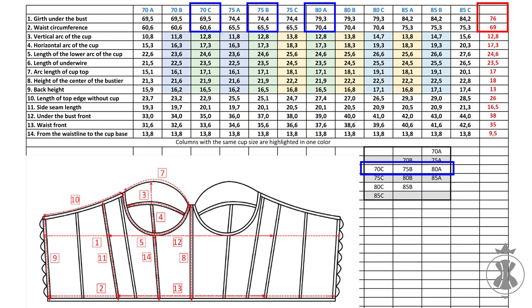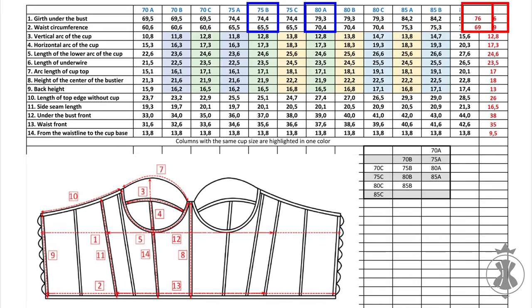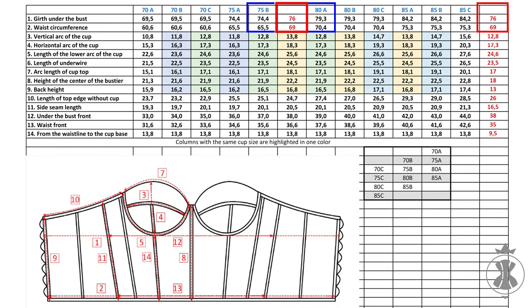Let's take a look at the underbust circumference and waist circumference measurements. Size 70C is too small. My measurements are between 75B and 80A. They are larger than the measurements for the 75B pattern and smaller than the measurements for the 80A pattern.